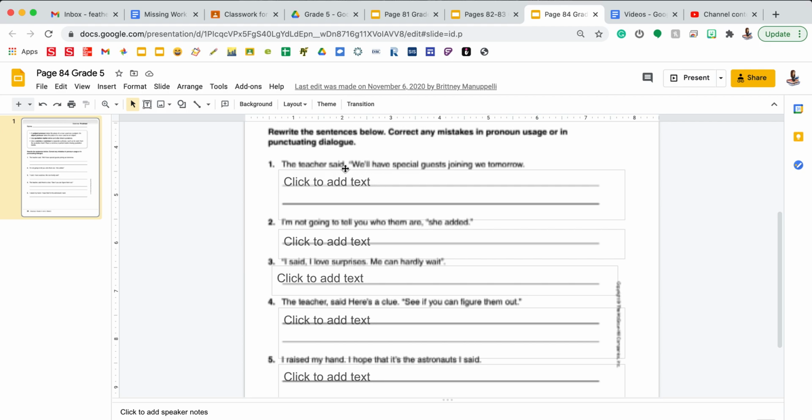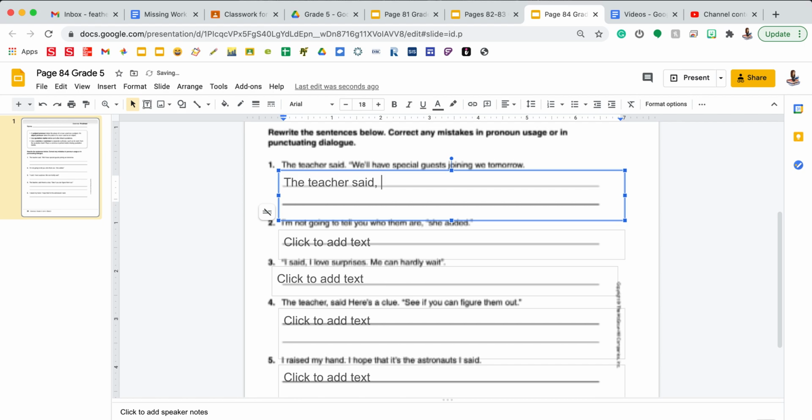So first off, I see that there is a direct quote from a teacher. It's missing quotation marks at the end. And finally, there is a pronoun mistake with the word we. We is a subject pronoun, and we need to have an object pronoun here. So when I retype, I'm going to use the object pronoun us.